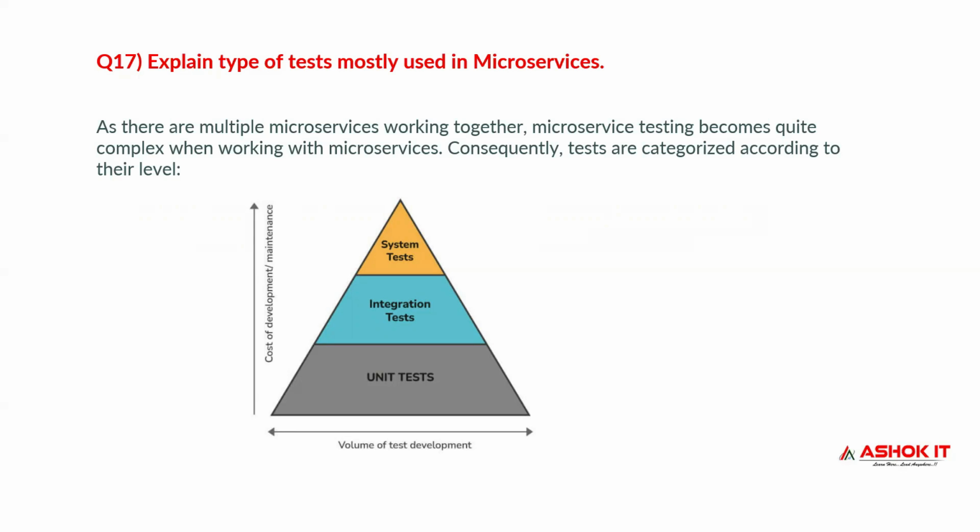The first one is the system test, second is the integration test, and third is the unit test. Or we can categorize them as bottom level, middle level, and top level tests. Unit tests are the bottom level tests, integration tests are the mid level tests, and system tests are the top level tests.